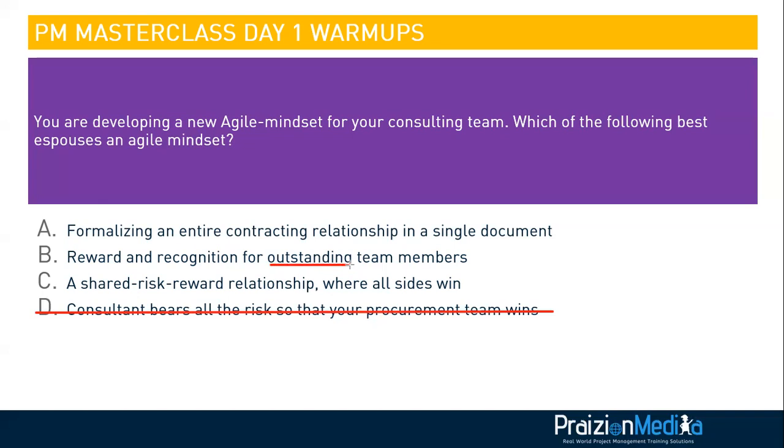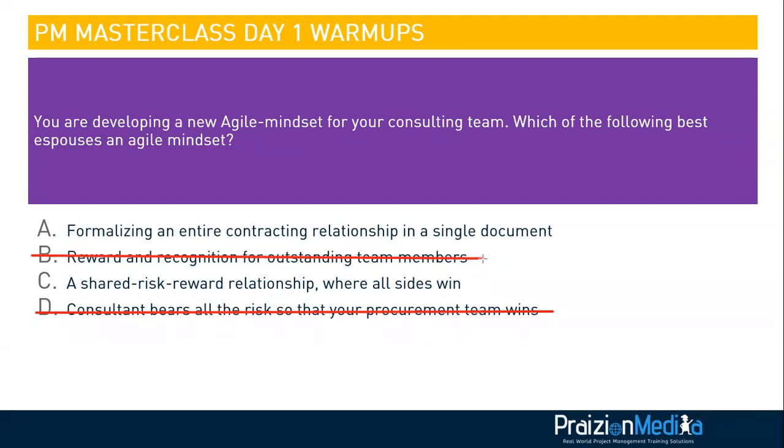We take a look at team output as opposed to taking a look at individual output. So B, reward and recognition for outstanding team members. While it sounds good, this is not in the spirit of Agile. The spirit of Agile rewards the team, not individuals.